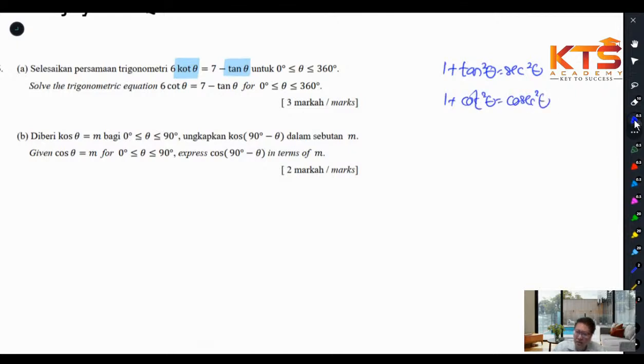Or should I use tangent theta equals sine theta over cos theta, and cotangent theta is the inverse, which is cos theta over sine theta? You see, in my head, all these formulas come out when we do trigonometry. So which one should I use? Any suggestion?